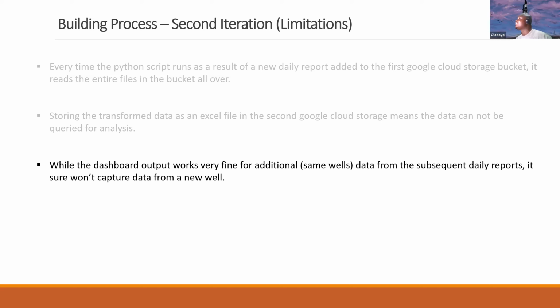So sometimes when you're designing your pipeline, you want to be able to capture, if it's the same data that you've built the pipeline for, it should be able to accept new ones. And then if entirely new data comes in from maybe a new well, it should be able to capture that also. You want that sort of thing to happen to your data pipeline also. So you want to build it to be multidimensional in terms of scale.